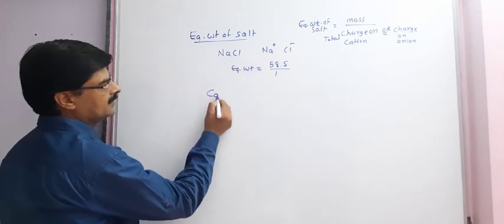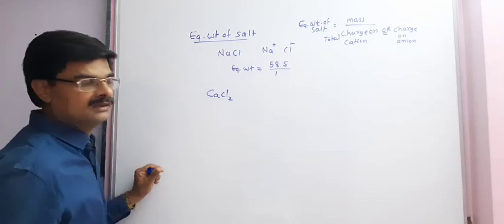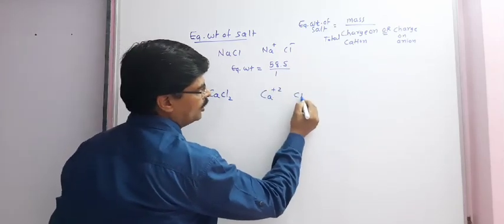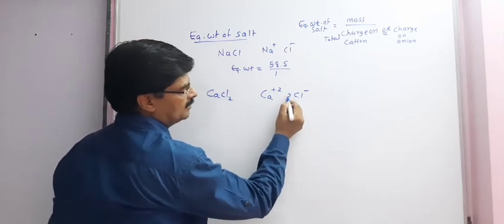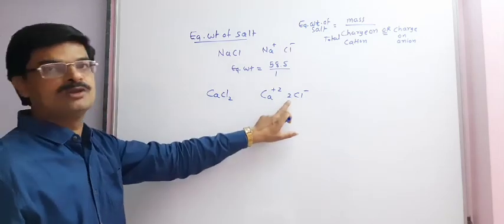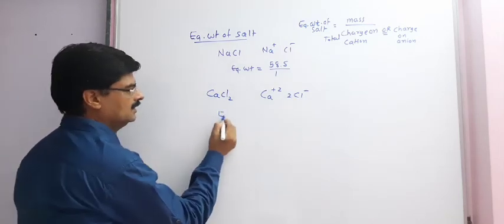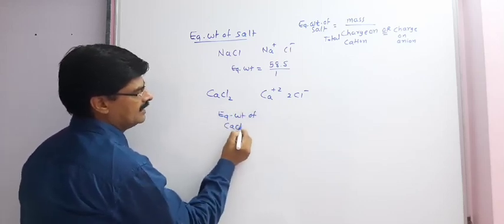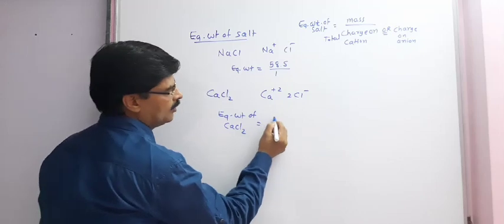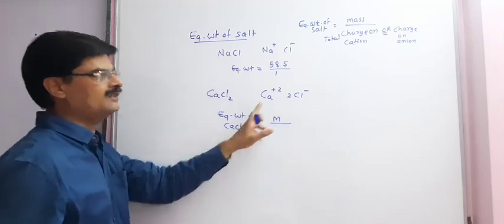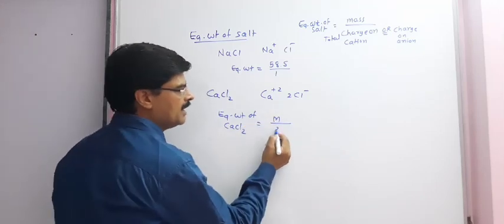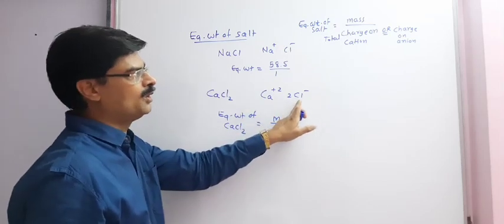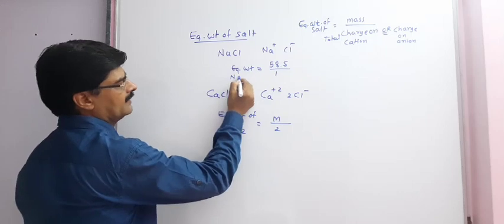Now another case, calcium chloride. Calcium has plus 2 charge and chlorine has minus 1 charge. But when we balance this, we get 2Cl minus. Therefore, equivalent weight of calcium chloride is equal to molar mass, that is formula mass, divided by 2: 2 plus for calcium or 2 minus for chloride ions.